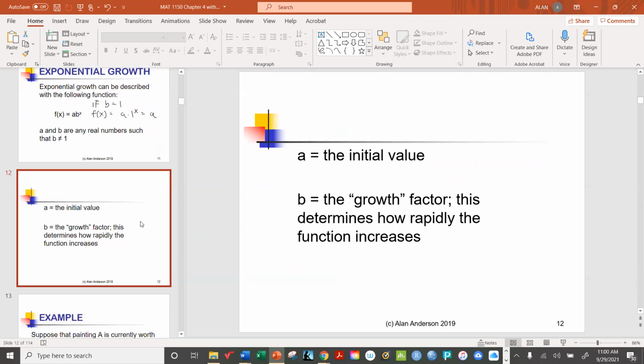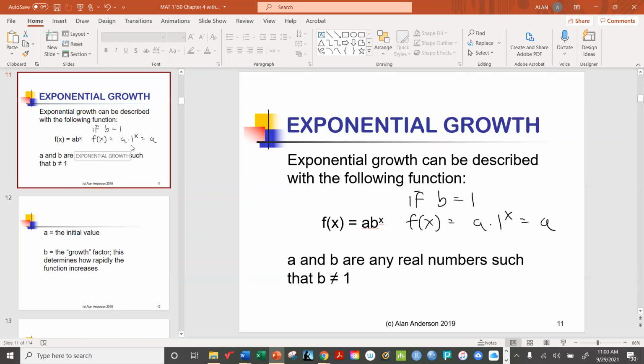And again, A is the initial value. And then B is the so-called growth factor.